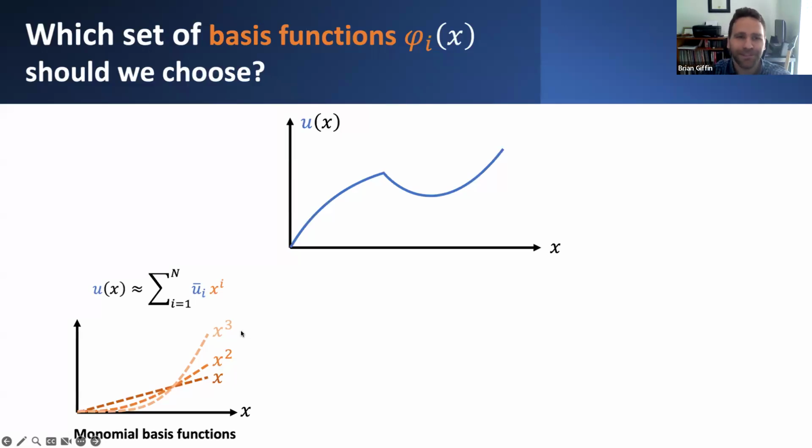It was particularly well suited for the problems that we were solving in the last lecture, but it turns out that monomial functions don't necessarily have some nice properties that we'd like to exploit. Sometimes it can be difficult to enforce certain boundary conditions also. At least in the last lecture, it was easy to do because we had just one boundary condition at this support.